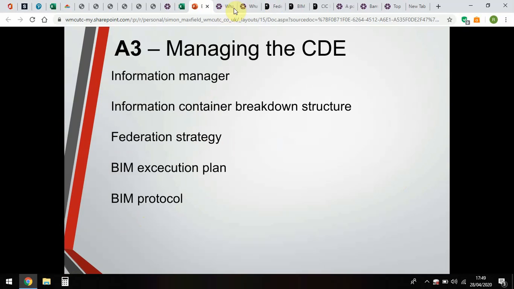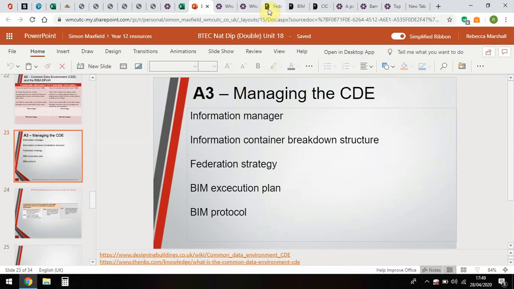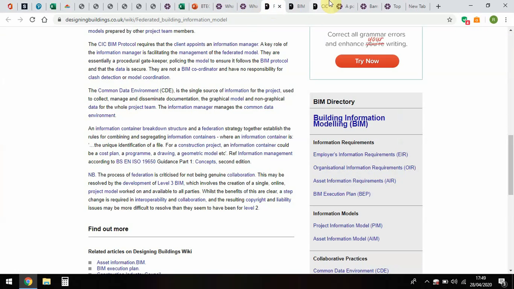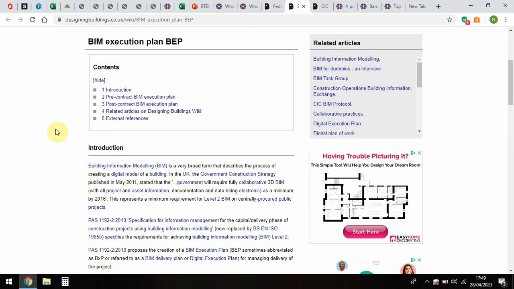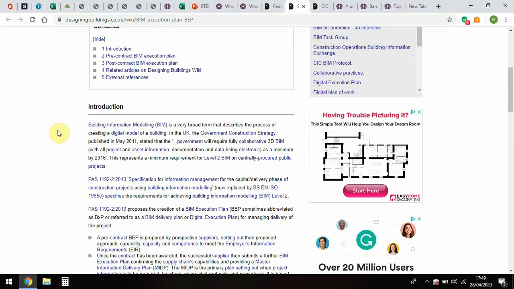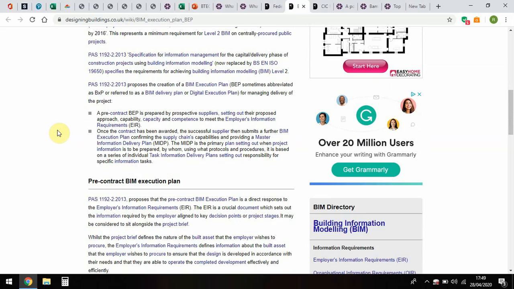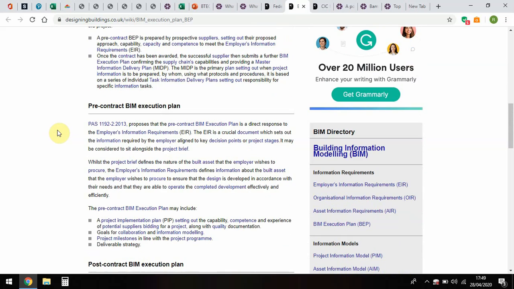So as I said, I've got a bunch of links for you underneath, which we've got up here. Okay, so those were the ones we were looking at before. So I've got a bit here about what the BIM execution plan is. Talks a bit more about what BIM is. It just helps to remind you.